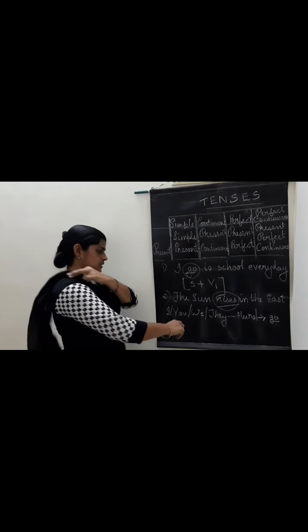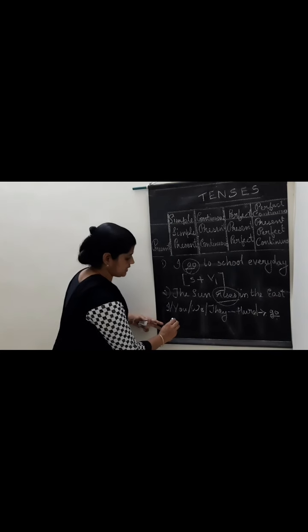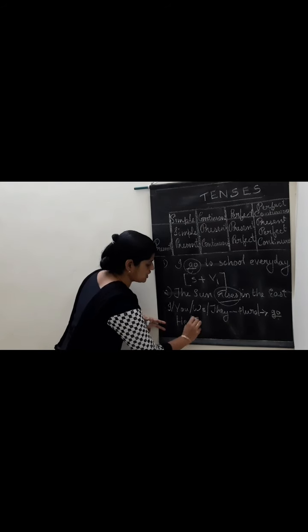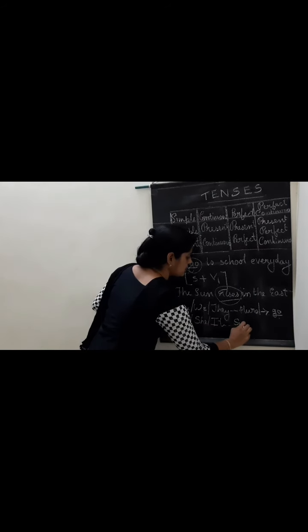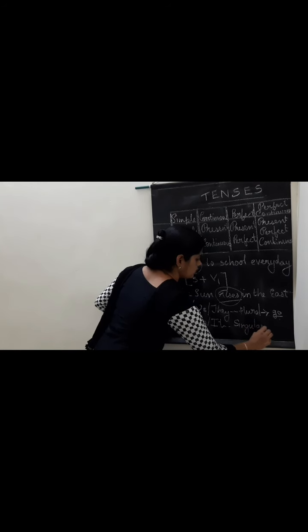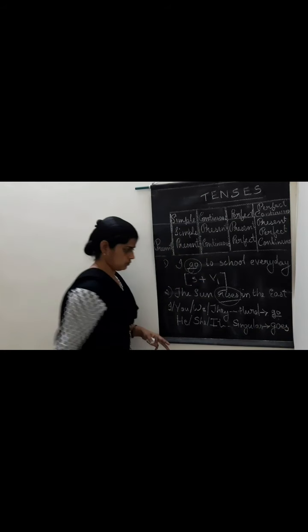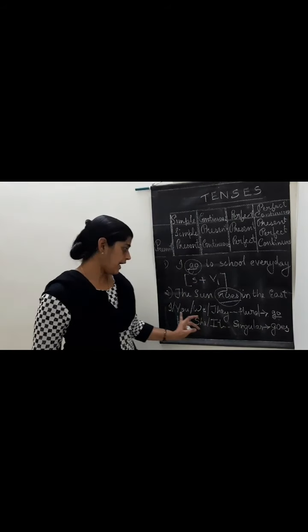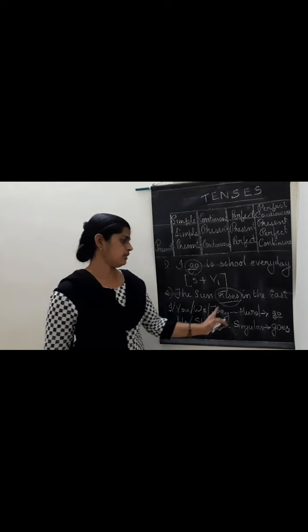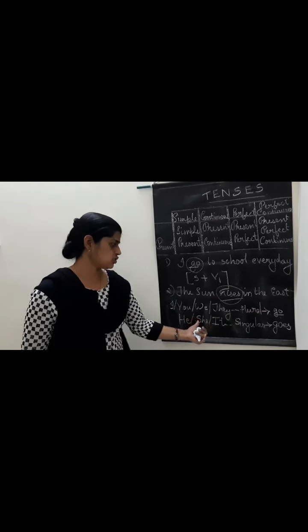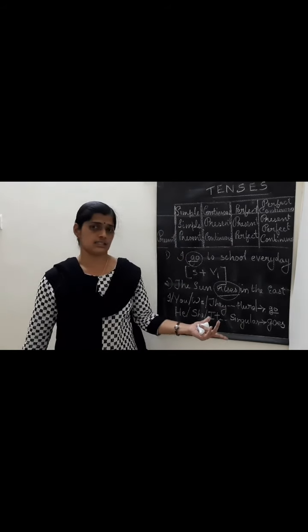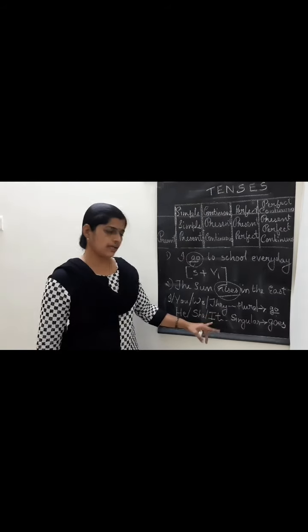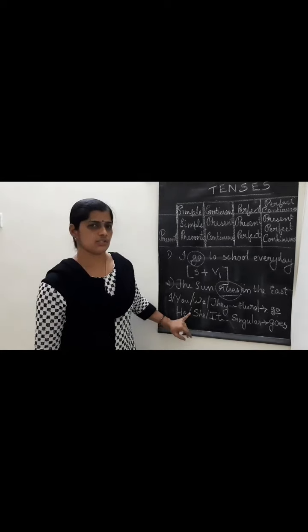But if we are using singular subjects like he or she or it or any other singular subjects, you will add s or es to the verb like goes. I go, you go, we go, they go. He goes, she goes, it looks nice, and it is not it look. Okay, I hope you have understood this subject verb agreement.